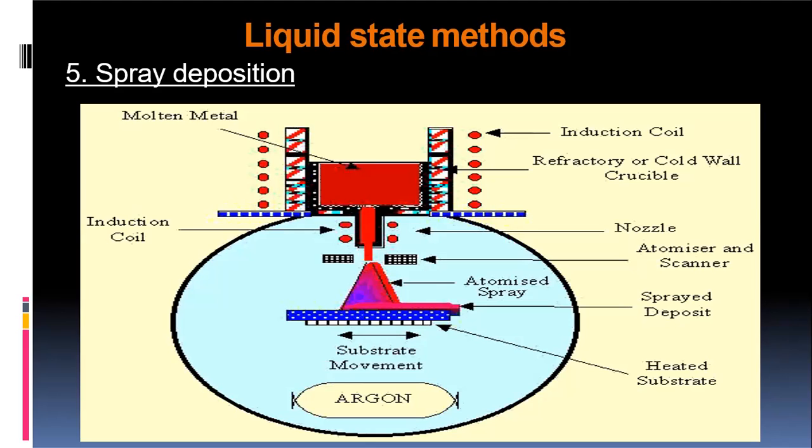Then it is sprayed as an atomized spray onto the heated substrate. The heated substrate is moved sideways, that is to the right side and the left side. You can see it in the picture. Argon gas is used to control the pressure in the vacuum.